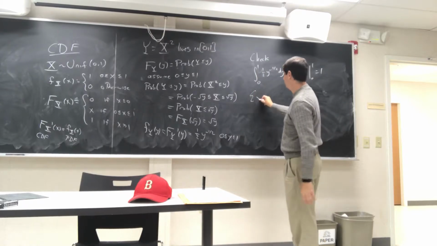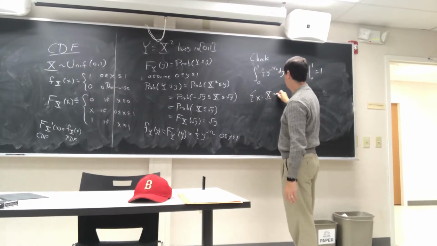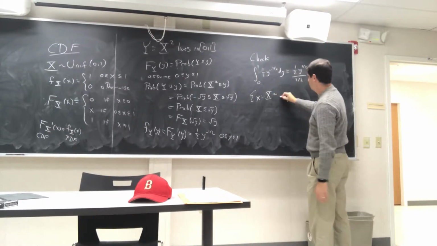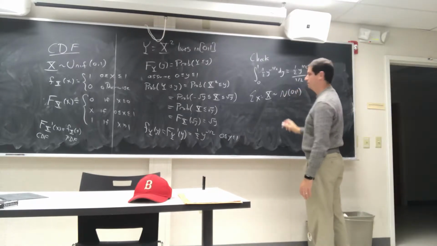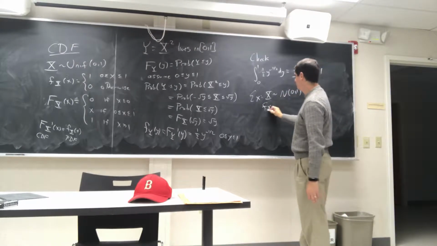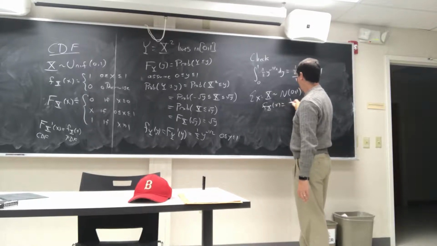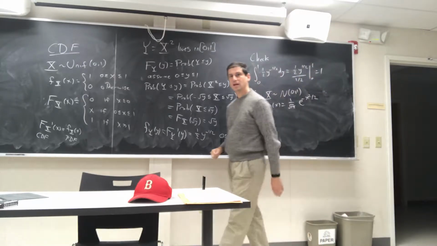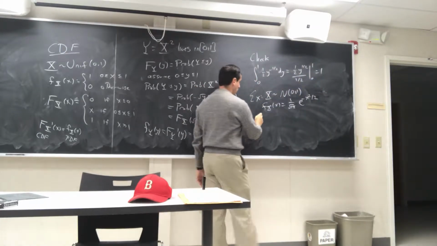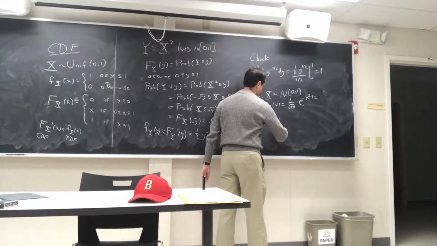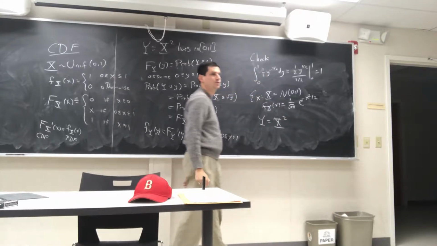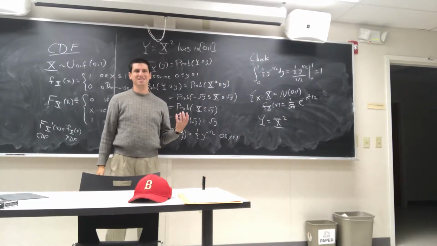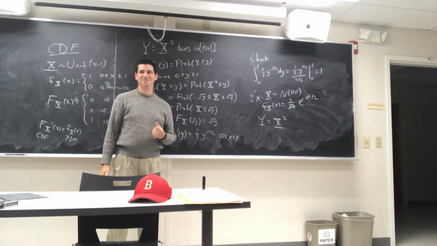Another good example is let's let x be normal 0, 1. So this means the density function of x is 1 over the square root of 2 pi e to the negative x squared over 2. As a nice exercise, let's let y equal x squared. So for those of you who have taken stats, what distribution is y?